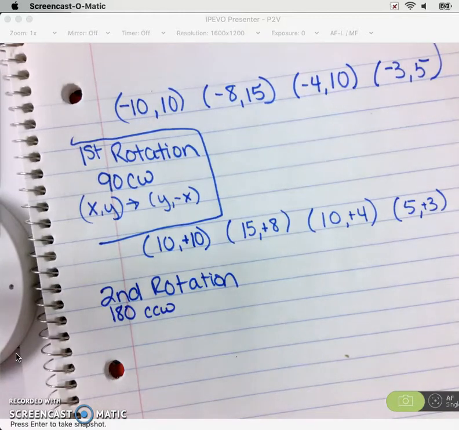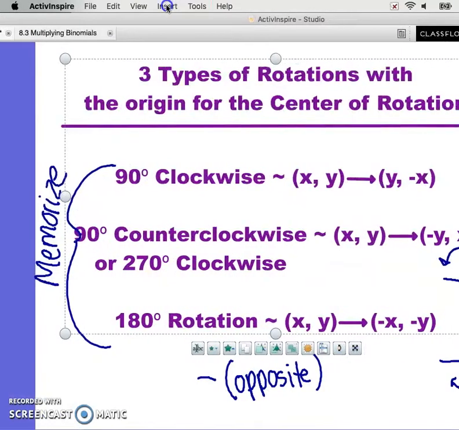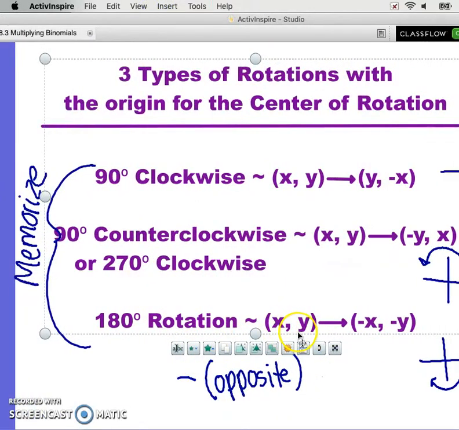Again, counterclockwise or clockwise does not matter when you're doing 180 degrees. So my little cheat sheet of 180 degrees, all I'm doing is I'm making the x and the y the opposite. So x becomes negative x, y becomes negative y.